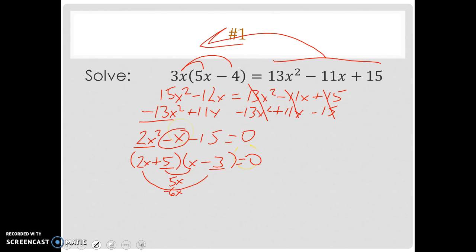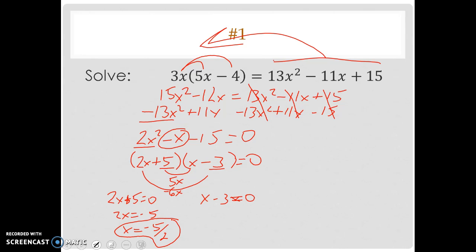So now if those are equal to 0, I'm going to have two equations, either the 2x plus 5 equals 0, or the x minus 3 equals 0. And so if I have the 2x plus 5, if I subtract 5 from both sides, I'll have 2x equals negative 5. Divide by 2, and x equals negative 5 halves. That's one of my solutions.